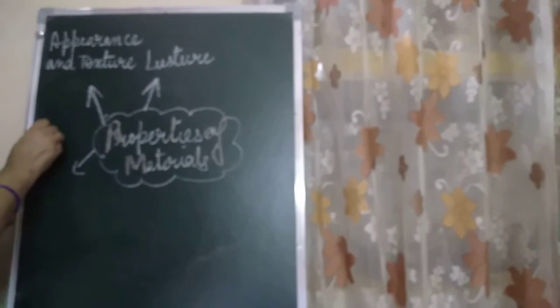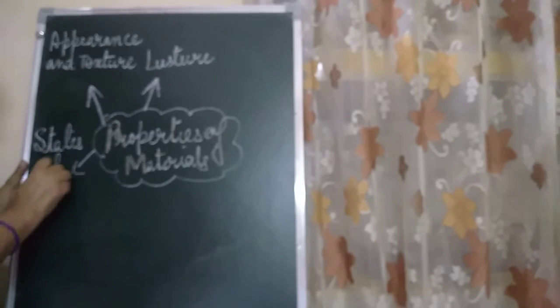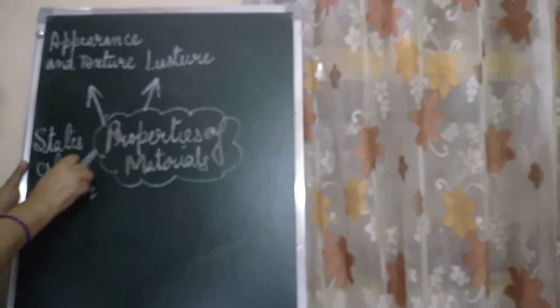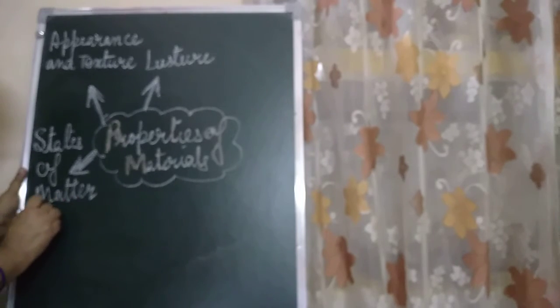Okay. Now the next property we will discuss, children, is states of matter. Most materials can be classified into one of these groups, children. What are the groups?